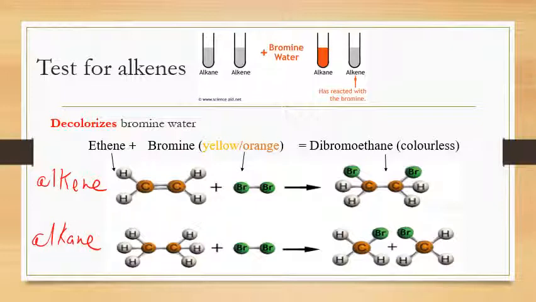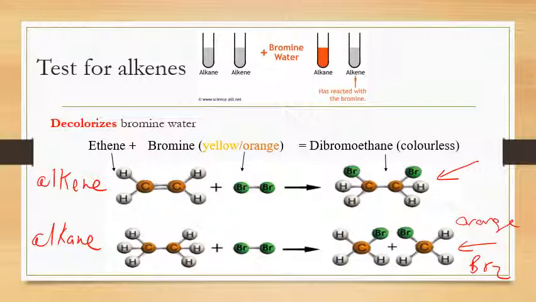The alkene makes a product which is colorless, so that means the solution goes colorless, whereas these guys are going to have extra bromine floating about, so that's going to be orange because you've still got bromine floating about. So it's a good way to test if you have an alkane or an alkene.